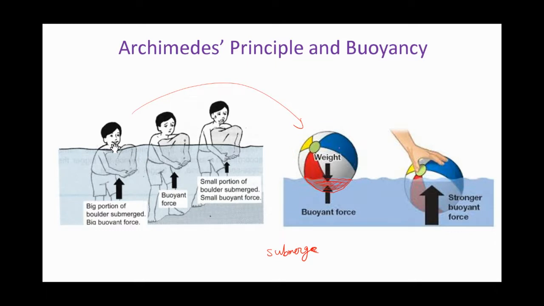And the ball floats. Why is that? Because we have the weight of the ball downward, but also we have another force upward. This upward force, we call it the buoyant force. So this ball is now under two forces, the weight of the ball and the buoyant force.